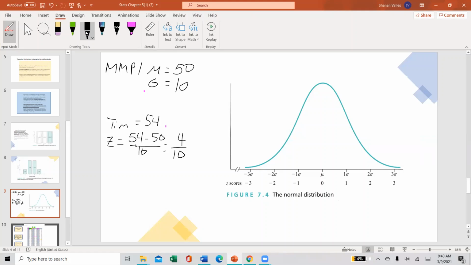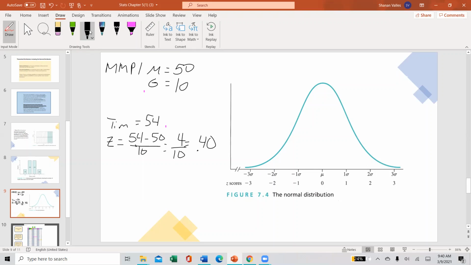So I get 4/10 and I have, don't make fun of me. Is this going to be 0.4? Yes. See, I'm telling you, I'm horrible at math. So he gets a Z-score equal to 0.40.